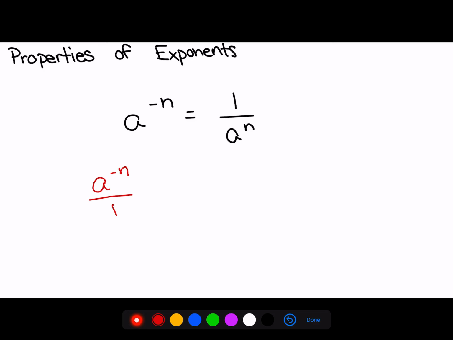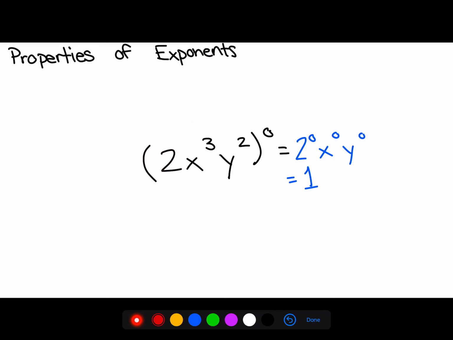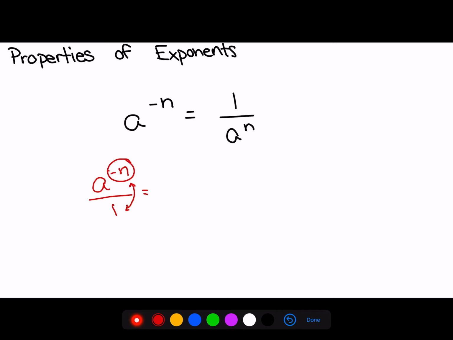If I flip these, then this n will become positive. So anytime that I flip over the ratio, my exponent will switch from negative to positive. So this will turn into 1 over a to the n power.